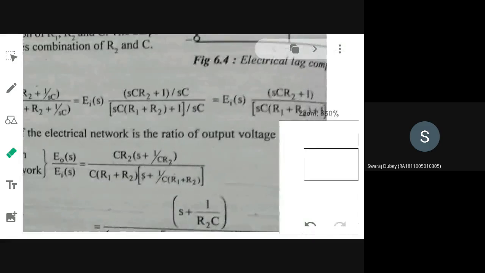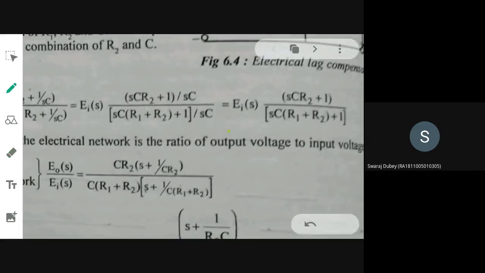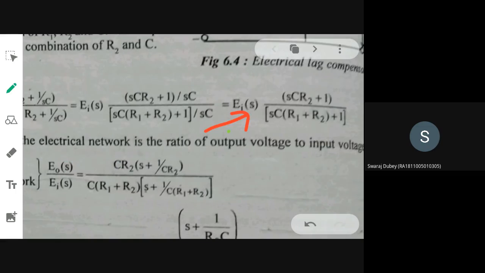Okay, finally, you will have this equation. From the numerator, I will be taking CR2 out, and from the denominator, I will be taking C(R1 plus R2) out. That I will do.